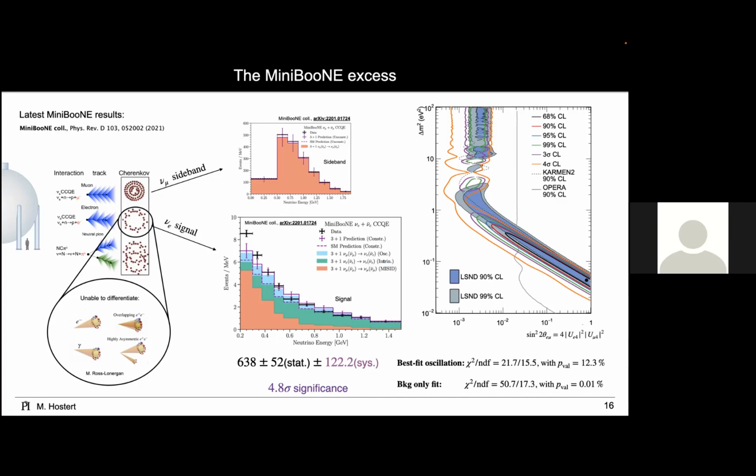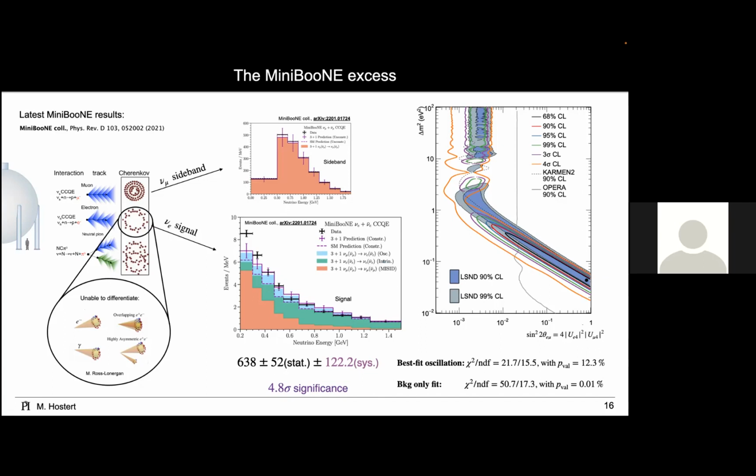Of course, the situation is a little bit more difficult. First of all, what you see in this plot is a relative statement only. So the regions of confidence here are drawn as confidence intervals, and they're relative statements. They tell you what is the best fit in this parameter space given your data, but they don't tell you how good of a fit to the data your model actually is. So for that, we can look at the chi-square per degrees of freedom or the p-value, and that gives you of order 10% for the best fit point in oscillations.